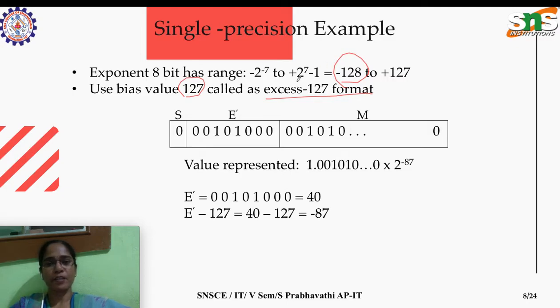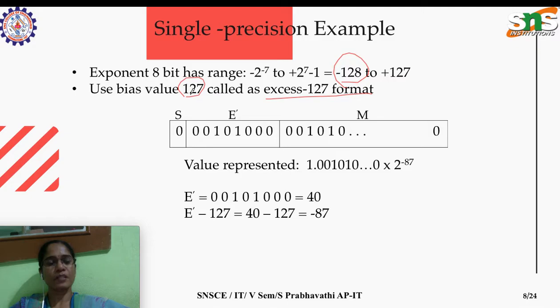The reason we are not using the bias value 128 and instead use 127 is that some values are reserved. If the exponent is all 0s, all 8 bits 0, or all 8 bits are 1s, that has a reserved value, so we won't use it for calculation purposes. So the value gets reduced: instead of 128 we use 127.